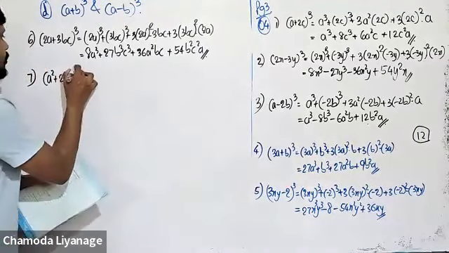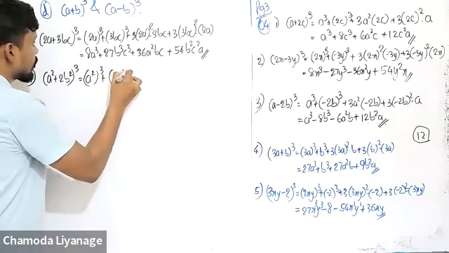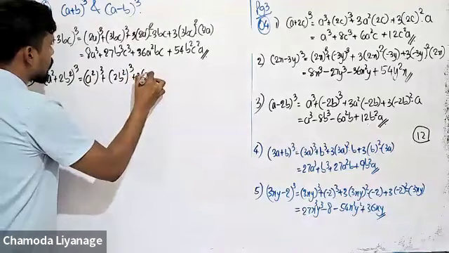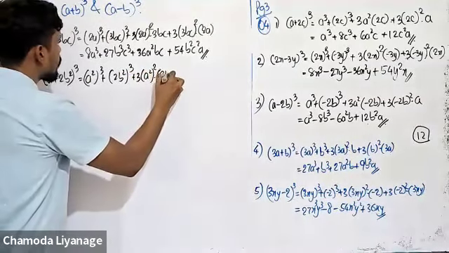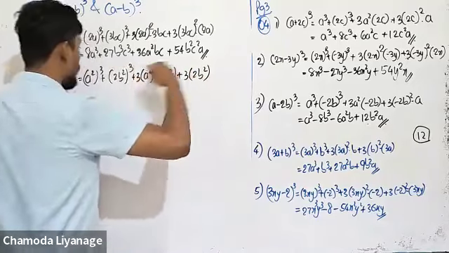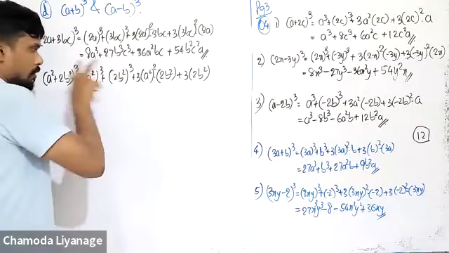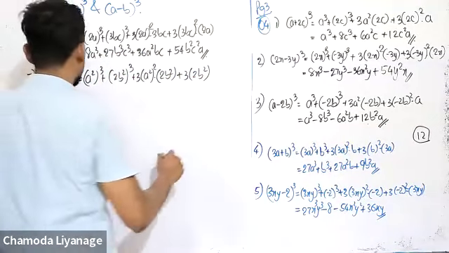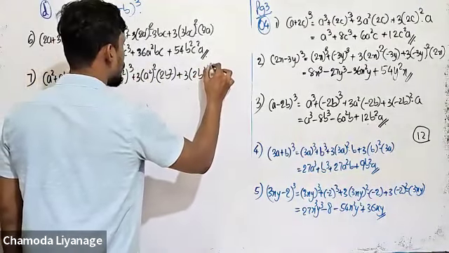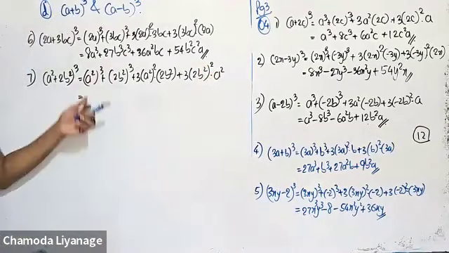A squared plus 2b squared. So first, write the expansion clearly. Okay. Replace the terms correctly. And now what happens?